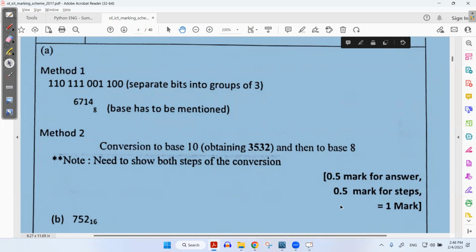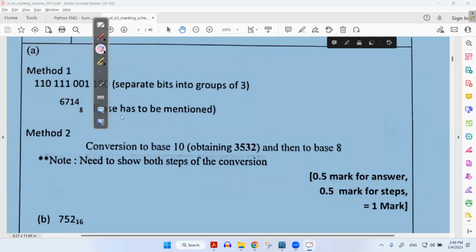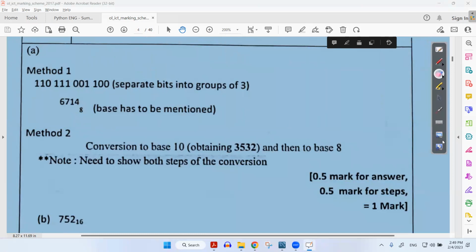They have clearly said this is the way you are going to mark. So you better give the workings as well as the final answer in a proper manner, right?